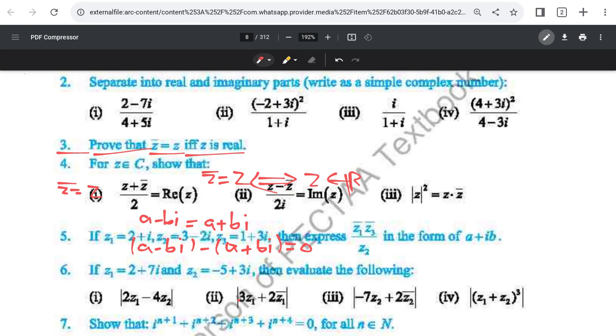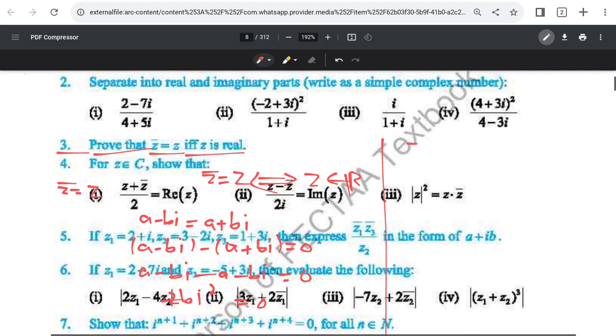Then we simplify: a minus a cancels, and it will be minus 2bi, which is equal to 0. Then b is equal to 0.